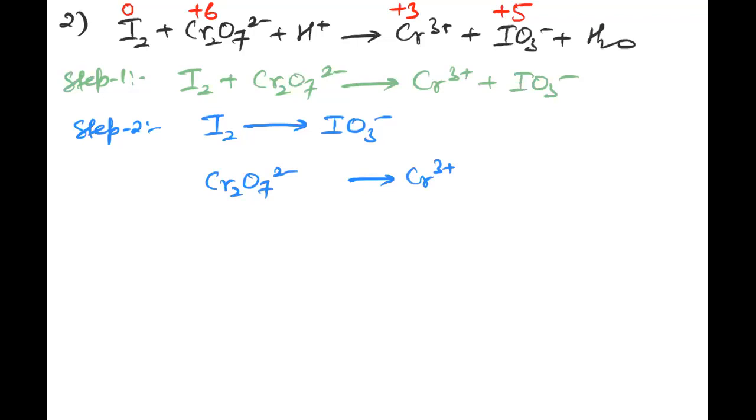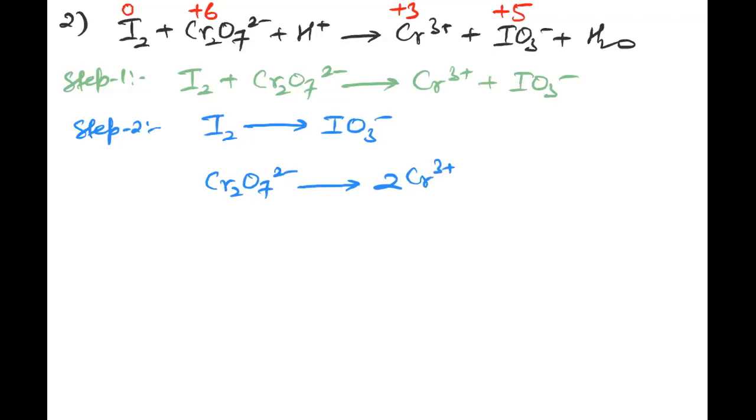I'm repeating again, I2 is converting to IO3 minus, and dichromate ion is converting to Cr3 plus. If you balance this reaction, it will be twice chromium 3 plus.